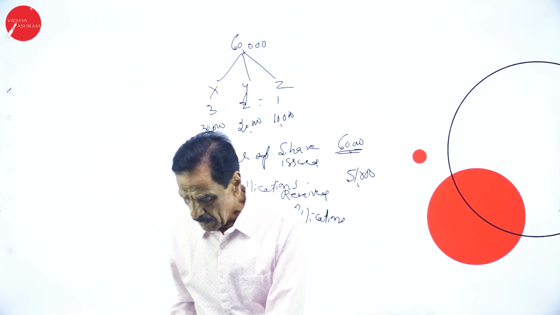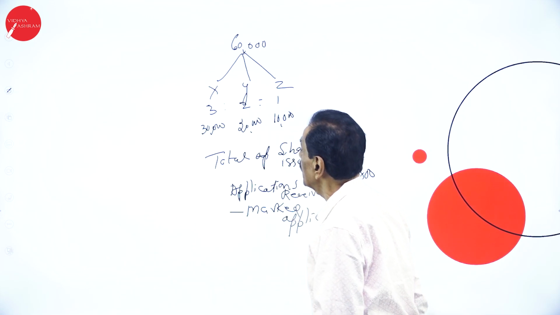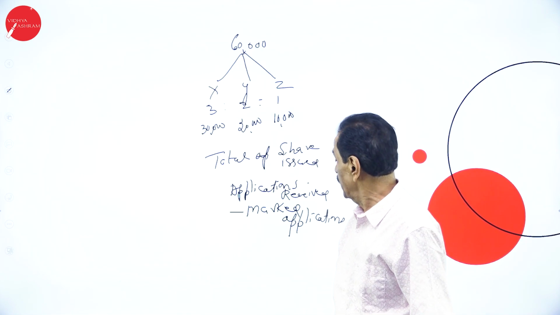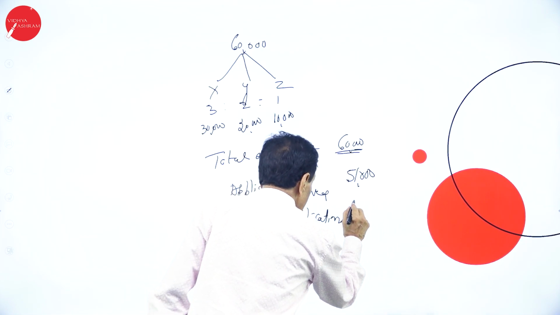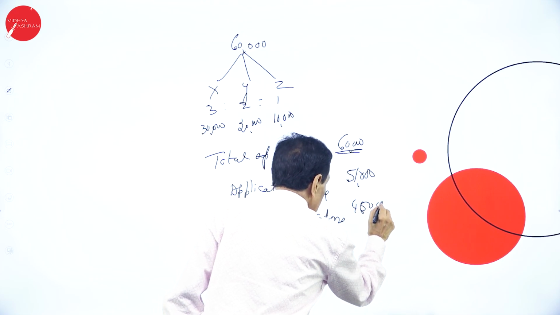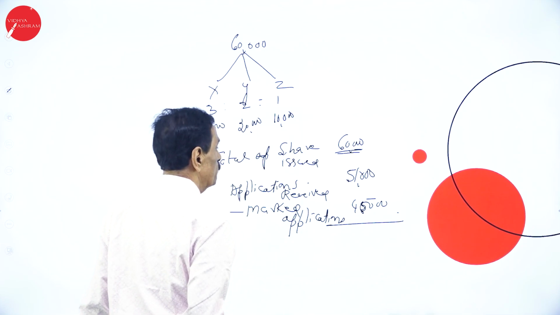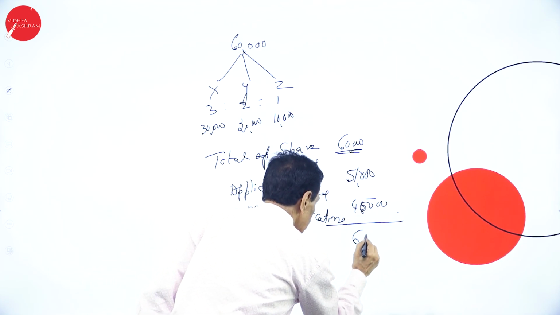See the problem. How much marked applications are there? 30,000, 10,000, 5,000. Totally 45,000. So balance is 6,000.